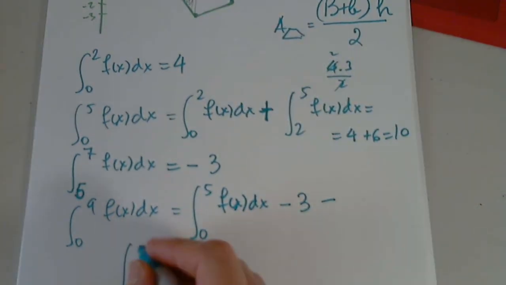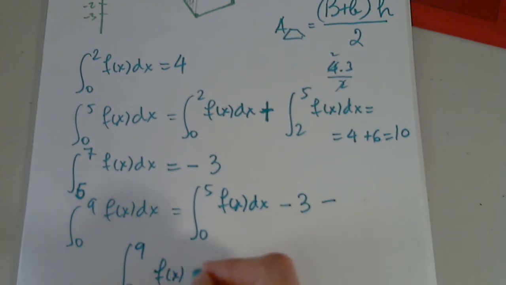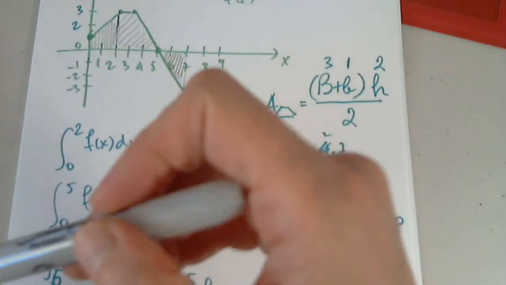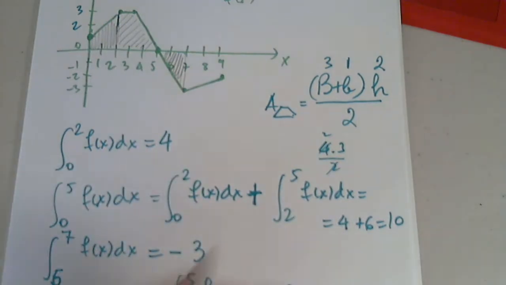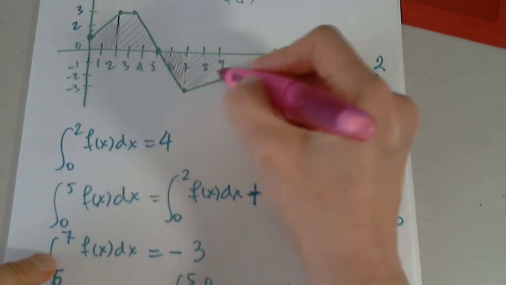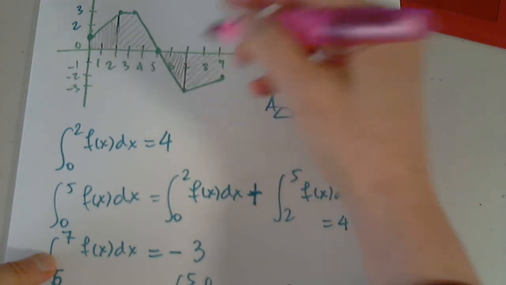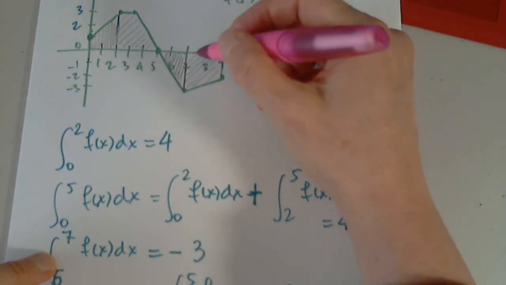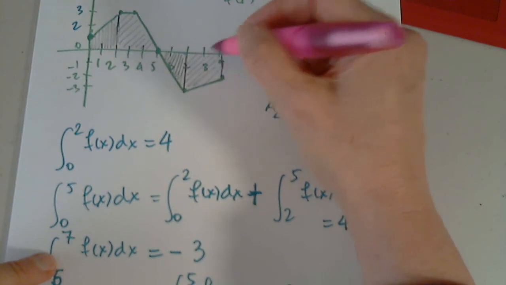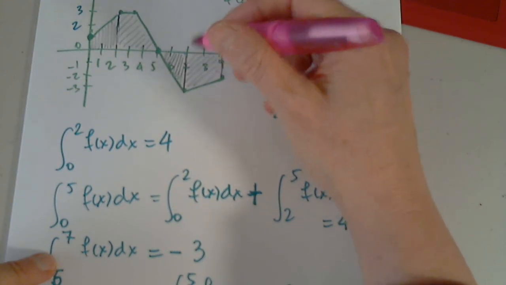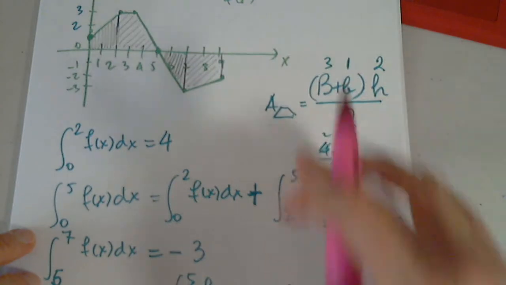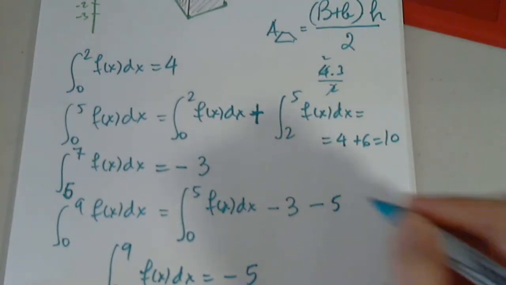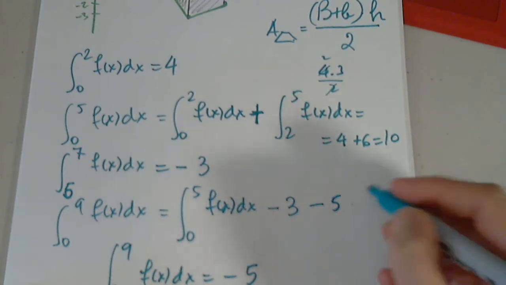So the integral from 7 to 9 of f of x dx is also a negative area, and it's another trapezoid, which is this one. Big base, 3, plus small base, 2, so that's 5. 5 multiplied by 2 divided by 2. So that's all I need. So 3 plus 2 is 5. So this is negative 5. So I have 10 minus 8, which is 2.